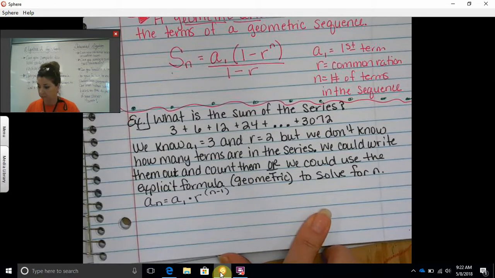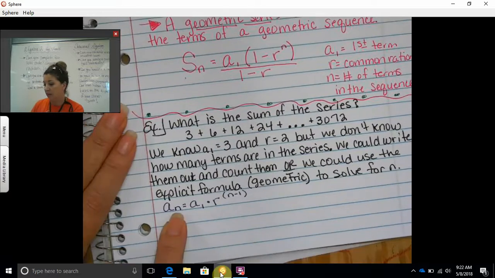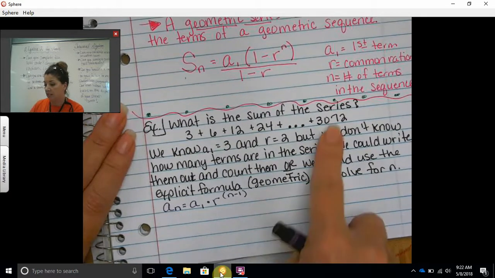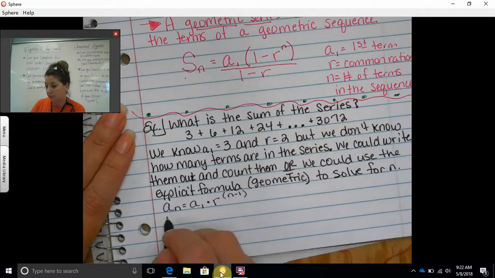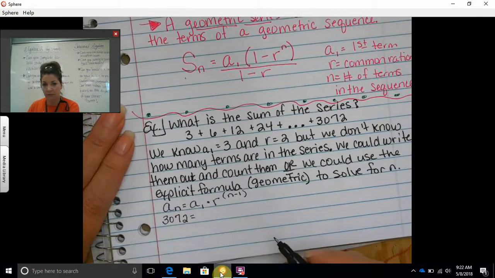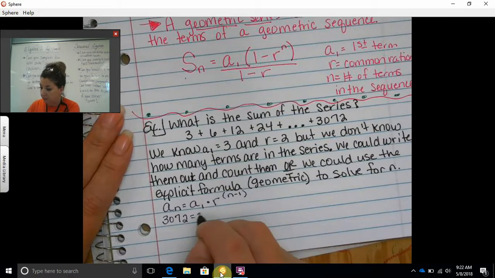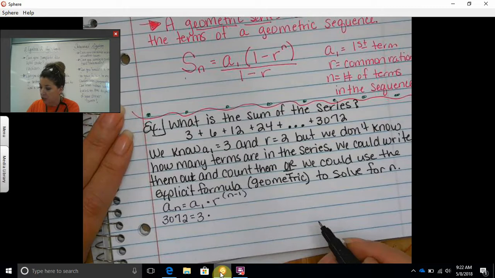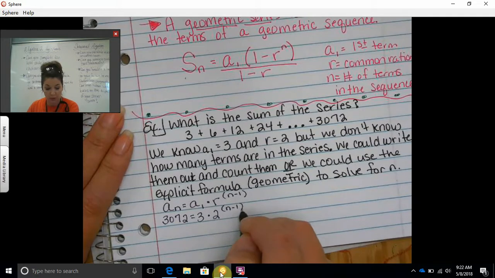So this is the term number, this is the last term in the sequence. A sub 1 is 3 times the common ratio is 2 raised to the n minus 1.